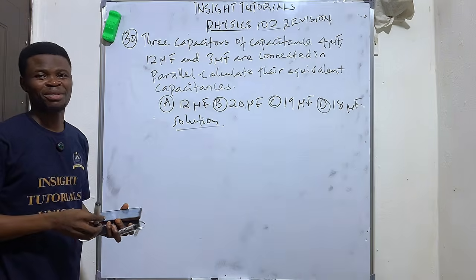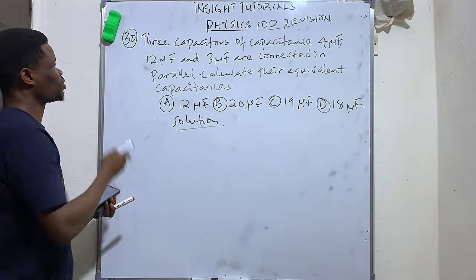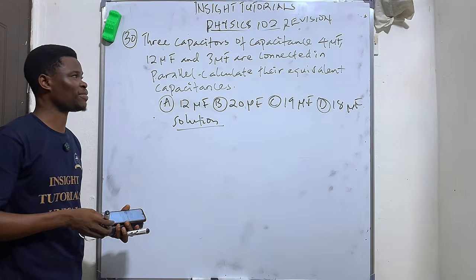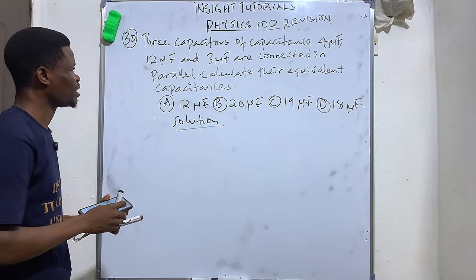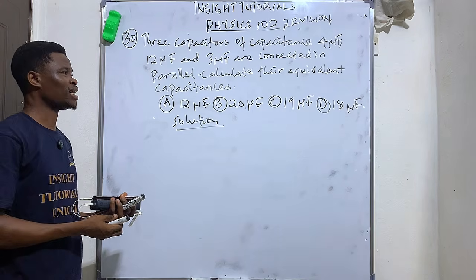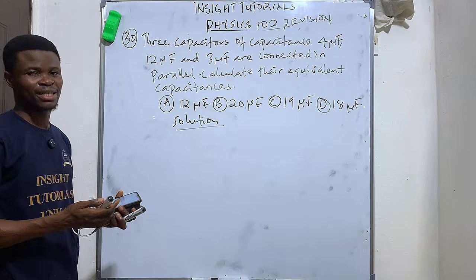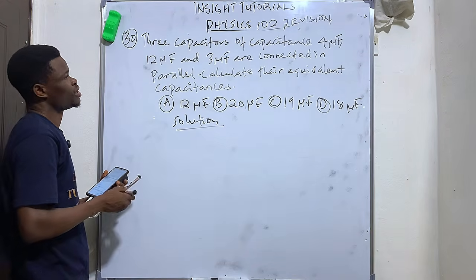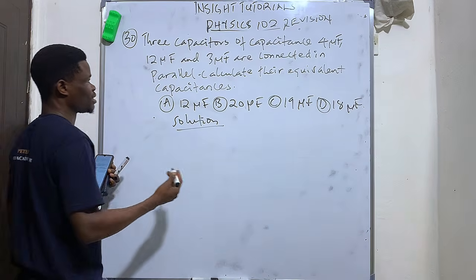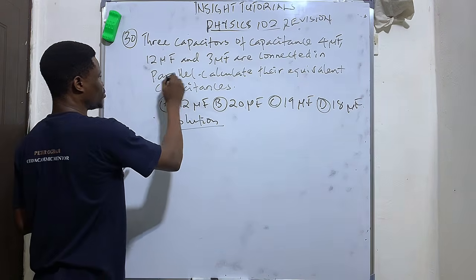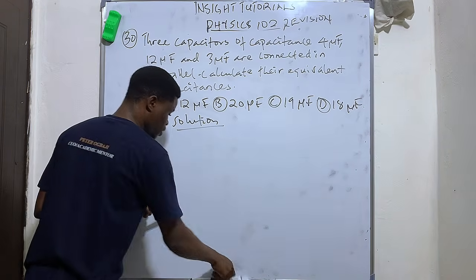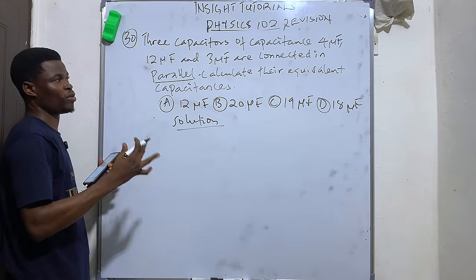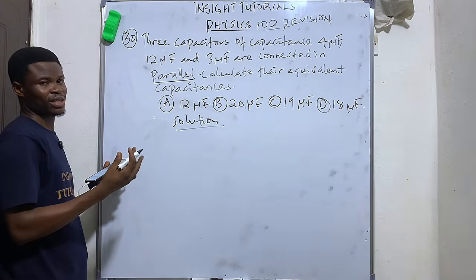One more question, then we call it off. We're told that 3 capacitors of capacitance 4 microfarad, 12 microfarad, and 3 microfarad are connected in parallel. Calculate their equivalent capacitance. Now, what you need to know is, once you see anything under capacitance that is connected in parallel, it is simply the sum of their individual capacitances.